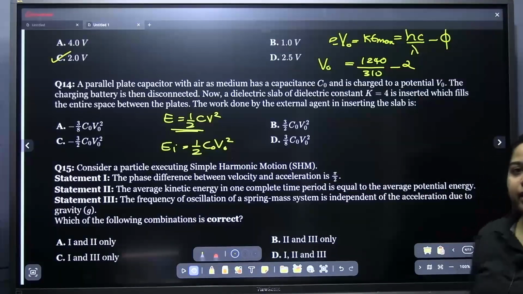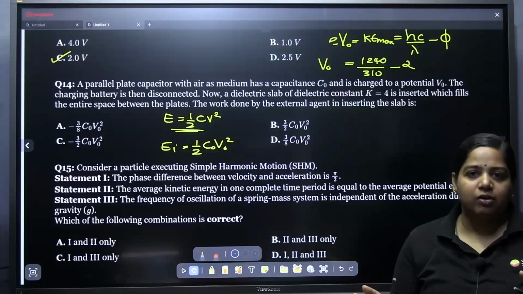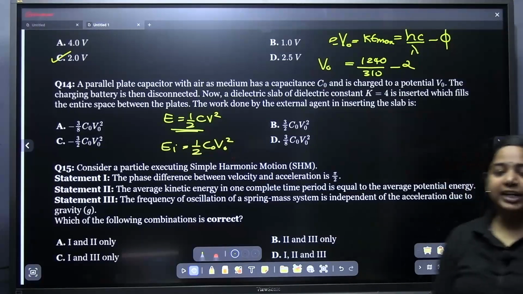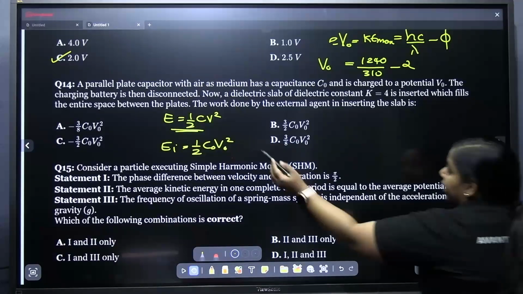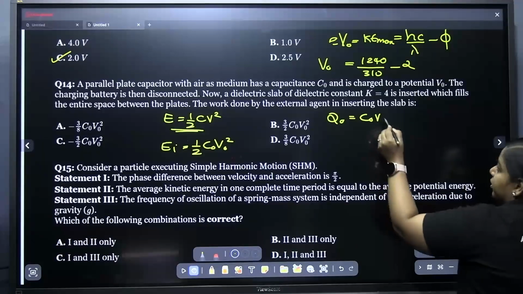Now we are disconnecting the battery, so potential will not stay constant. We are inserting the dielectric, but charge will stay constant. Here initial charge Q naught equals C naught V naught.